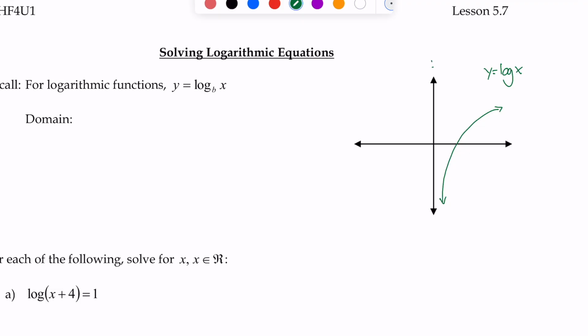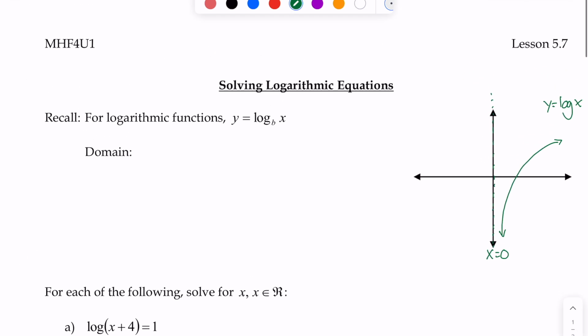That's because I have a vertical asymptote right here at x of 0. We've seen that we write the domain for that as x belonging to real numbers, and we've said that our x needs to be bigger than 0. But let's go into this concept a little more. Why do we have that restriction here?